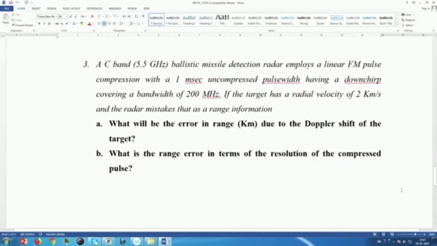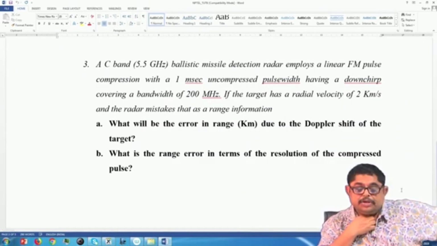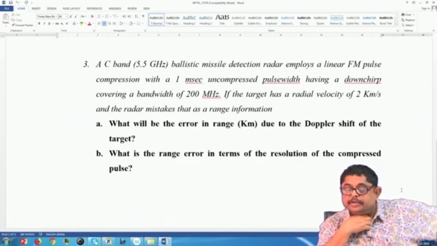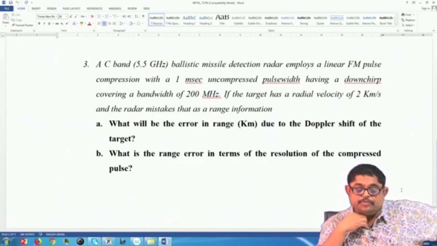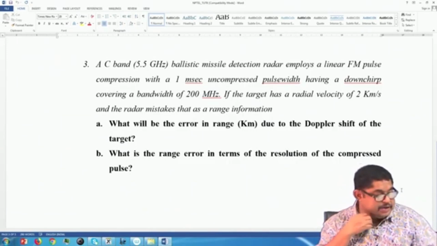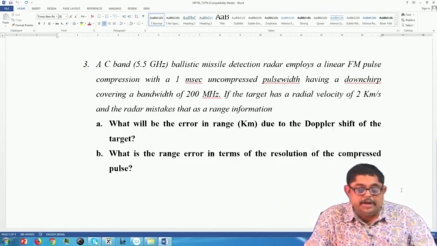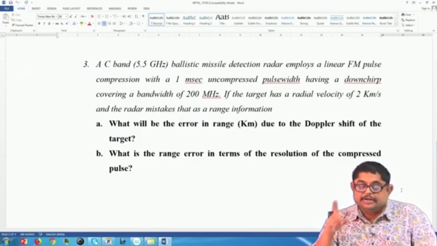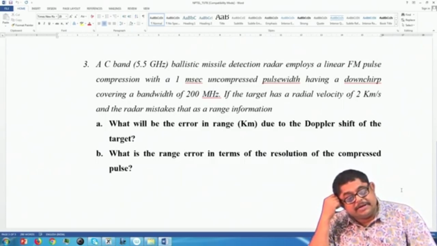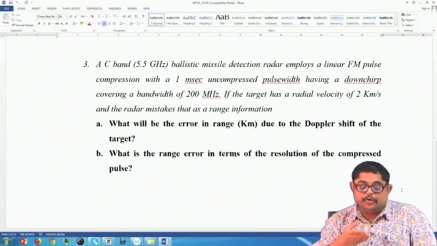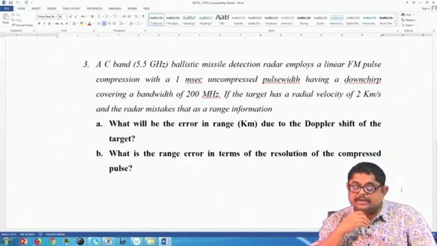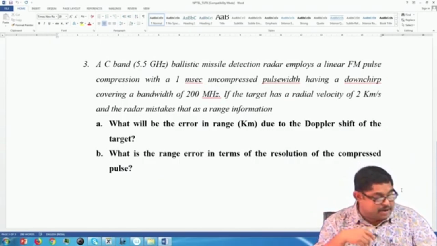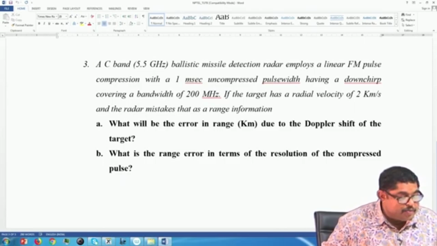A C-band ballistic missile detection radar employs a linear FM pulse compression with a 1 millisecond uncompressed pulse width, having a down chirp covering a bandwidth of 200 megahertz. If the target has a radial velocity of 2 kilometer per second and the radar mistakes that as range information, because the target has a velocity but the radar is mistaking that as range information, what will be the error in range due to the Doppler shift of the target? What is the range error in terms of the resolution of the compressed pulse? Good problem.